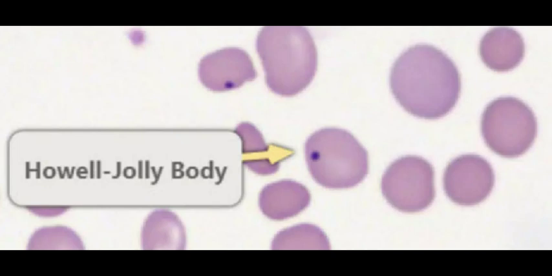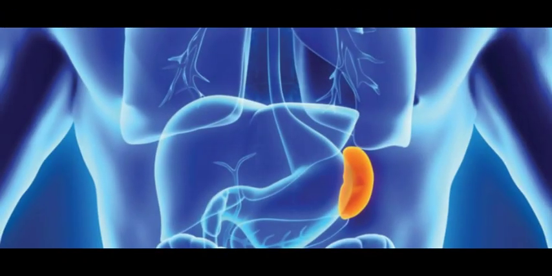Absence due to splenectomy would be due to conditions such as hereditary spherocytosis, trauma, or autosplenectomy, which is the cause in sickle cell anemia. I'll tell you more about this soon. Other causes include radiation, amyloidosis, severe hemolytic anemia, megaloblastic anemia, and myelodysplastic syndrome.